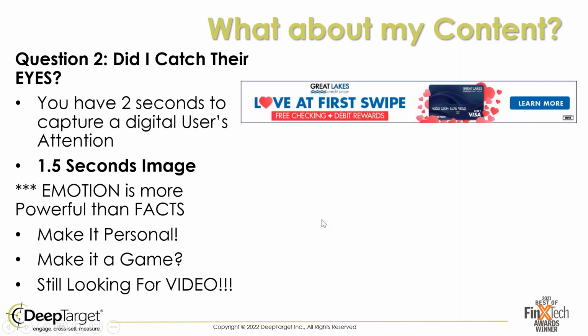So once again, I have to grab Great Lakes as a great example with this ad, because they use emotion, love it, first swipe. And it immediately draws your attention. Great use of emoji inside of the actual message, and great image as well. So emotion, perfect.